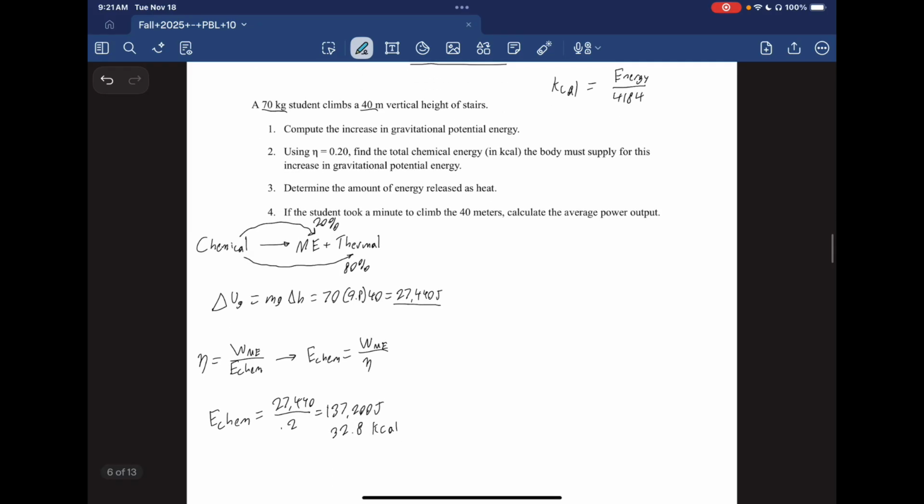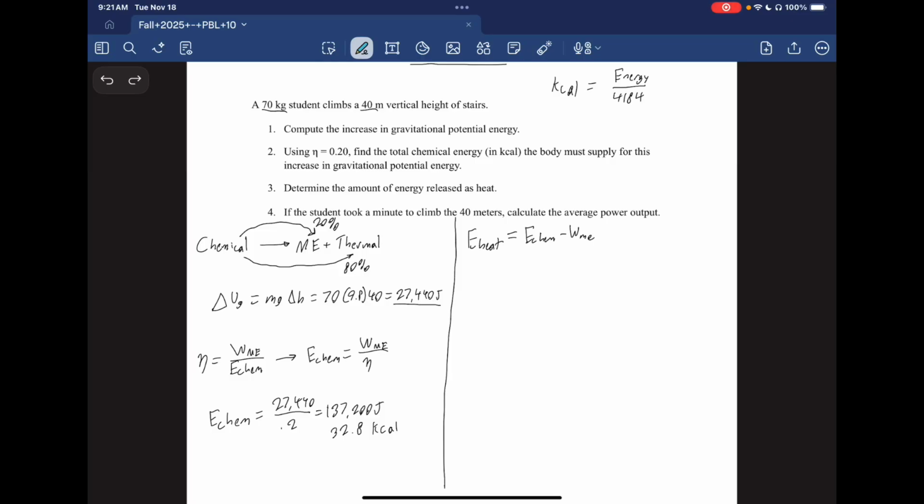All right. Question 3 wants us to determine the amount of energy released as heat. So we have that the energy from heat is going to equal the chemical energy minus the mechanical energy, from this equation right here, where chemical energy essentially equals mechanical energy plus thermal energy.